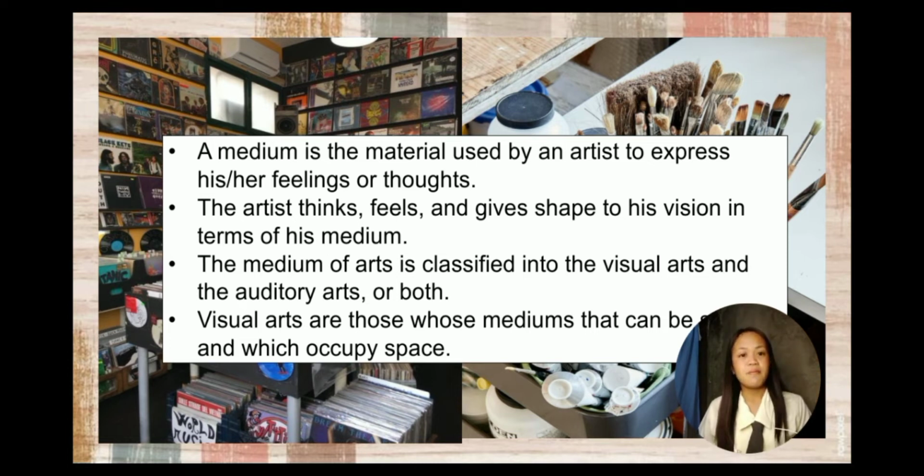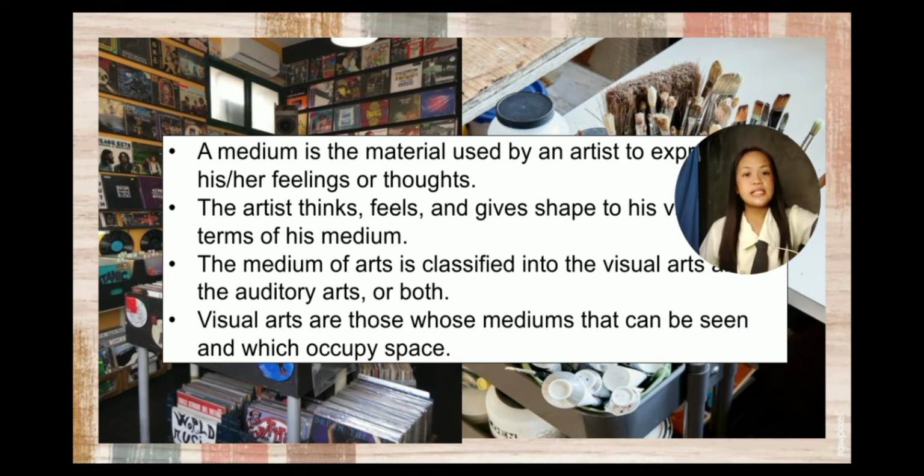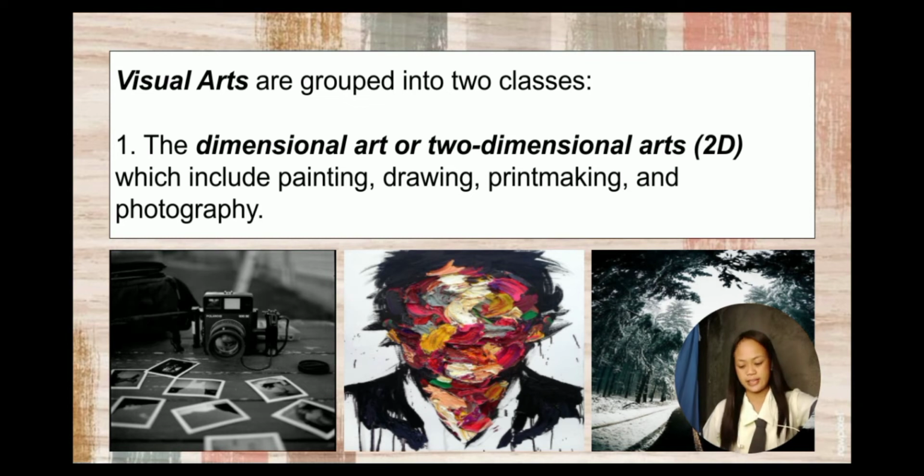So, the medium of art is classified into the visual arts and the auditory arts, or both. So, visual arts are what we can see, and auditory arts are what we can hear, or it can also be both. So, visual arts are those whose mediums can be seen and which occupy space. Okay, next. So, here, we will be able to know the two classes of visual arts.